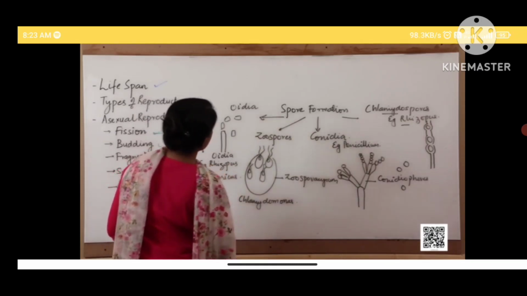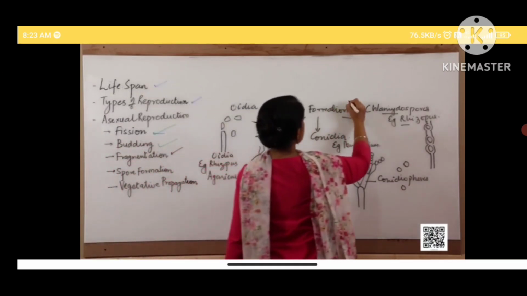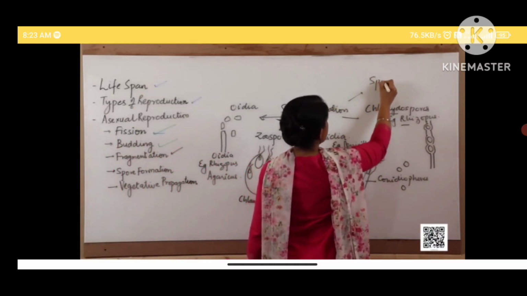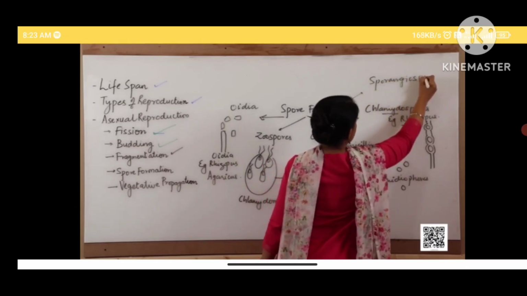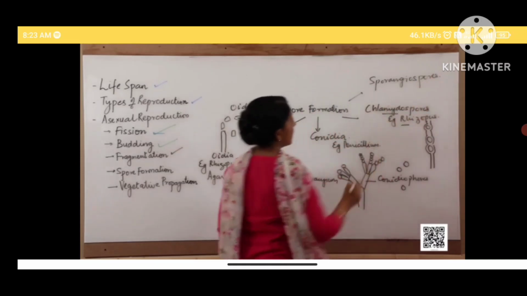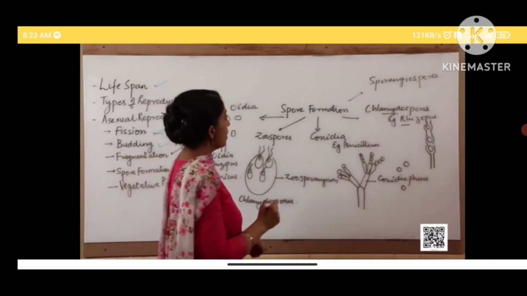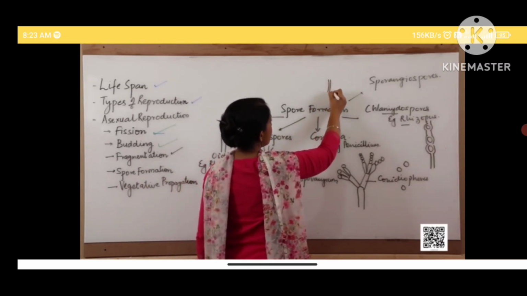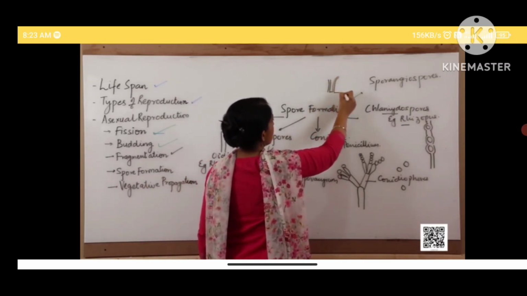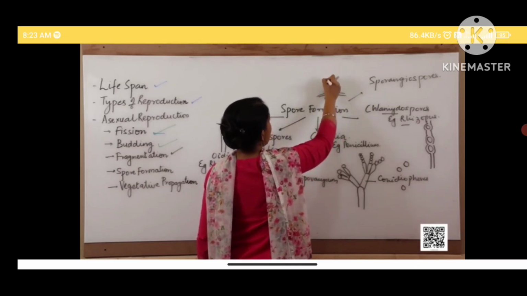Another type of spores are the sporangiospores. Sporangiospores can be seen in Rhizopus on specialized hyphae called the sporangiophores. So if you can see here, this kind of hyphal structures, and they have a structure called sporangium on them.